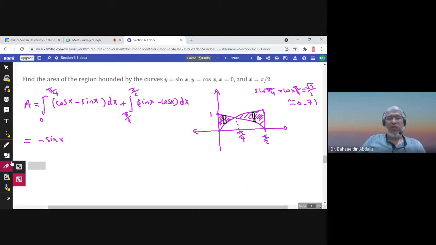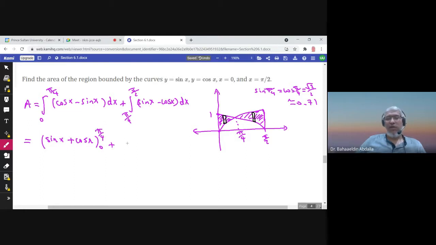So the integral of cosine is sine, because the derivative of sine is cosine. So sine x minus the integral of sine, which is negative cosine, from 0 to pi over 4.